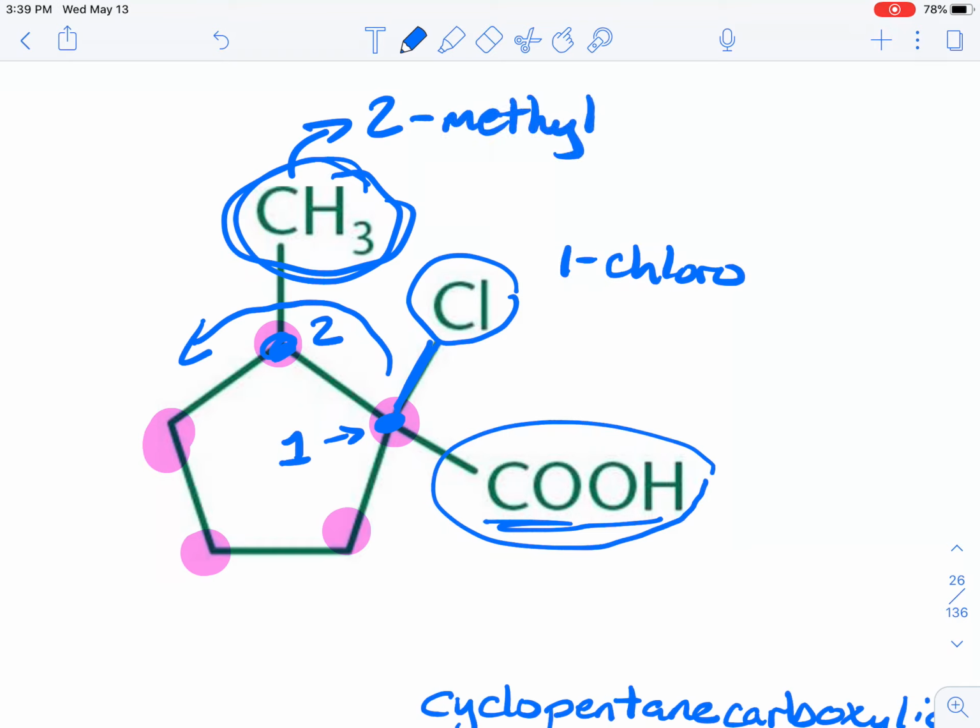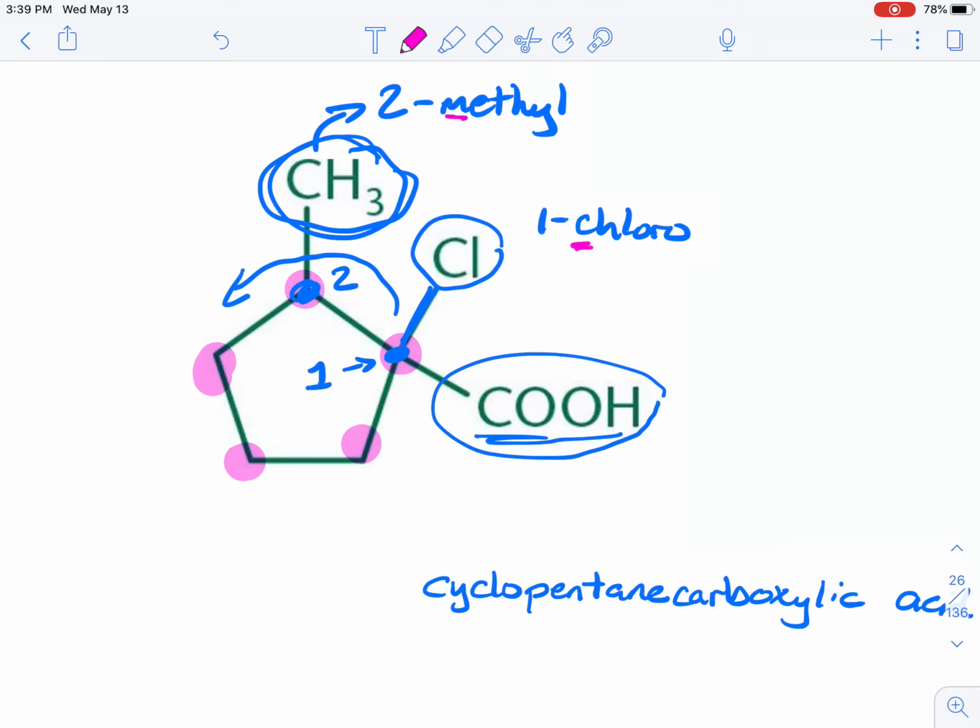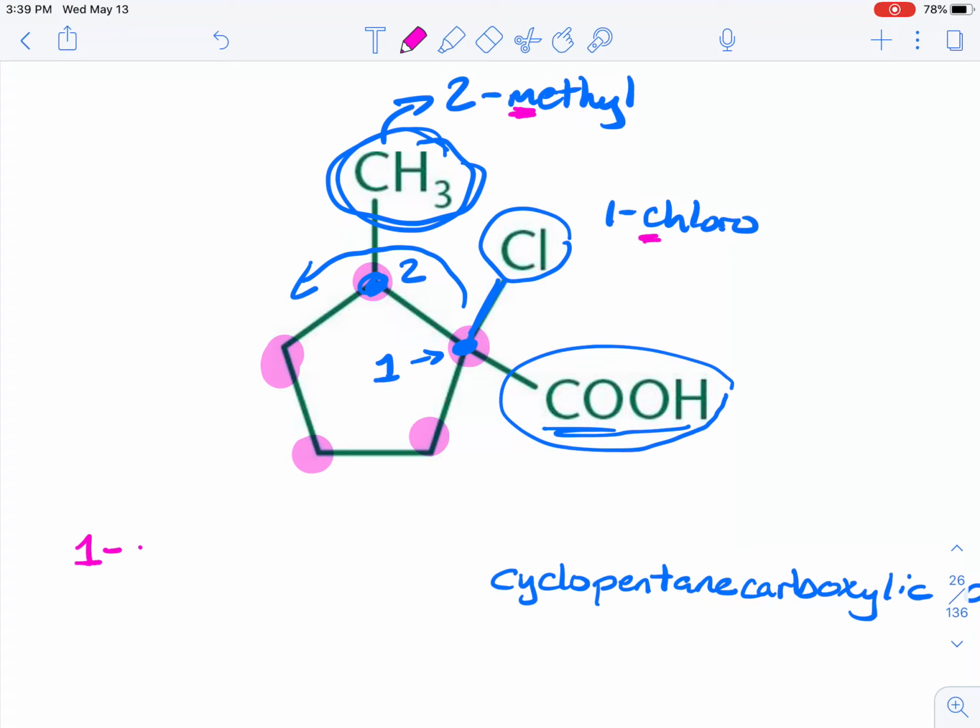Since we have 2 different substituents, we're going to organize them alphabetically. And so we're going to go ahead and put the chloro first. So that's going to be 1-chloro, and then 2-methyl, and then cyclopentane carboxylic acid.